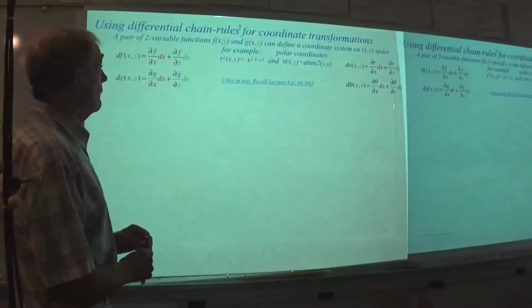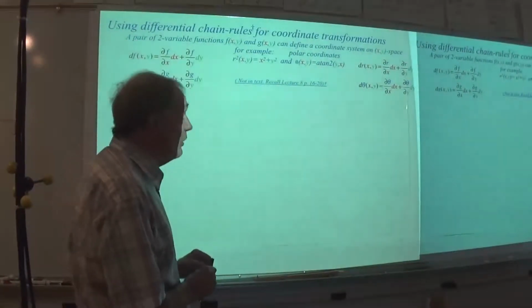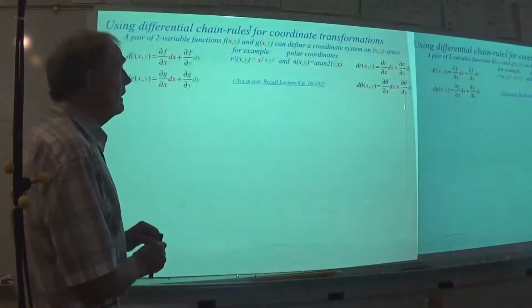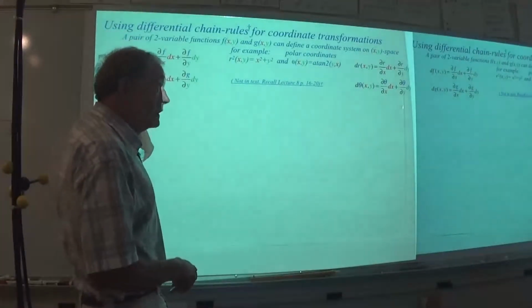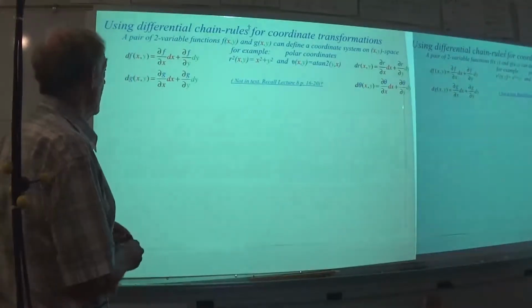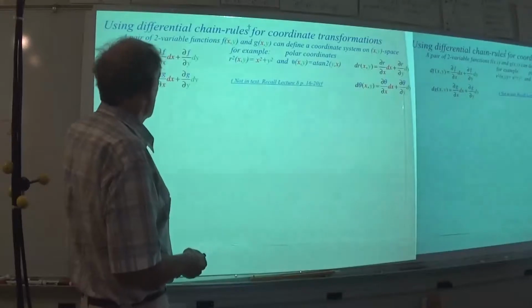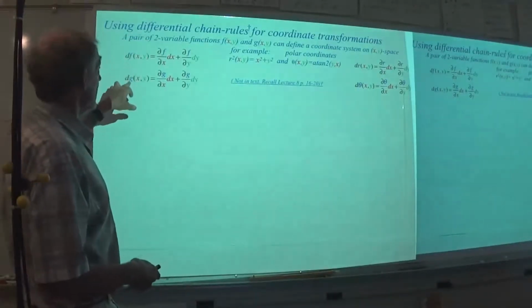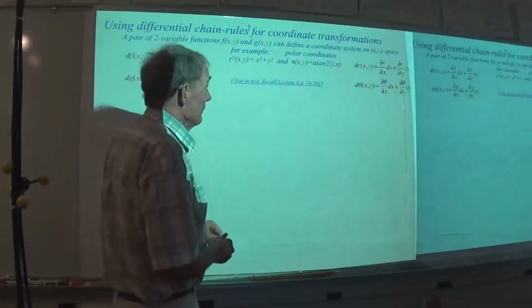So, if you have a function of 2 Cartesian variables, then a differential of that function, written the way we've got it, with whatever functions you're using, you have an f and a g, this can define a coordinate system.